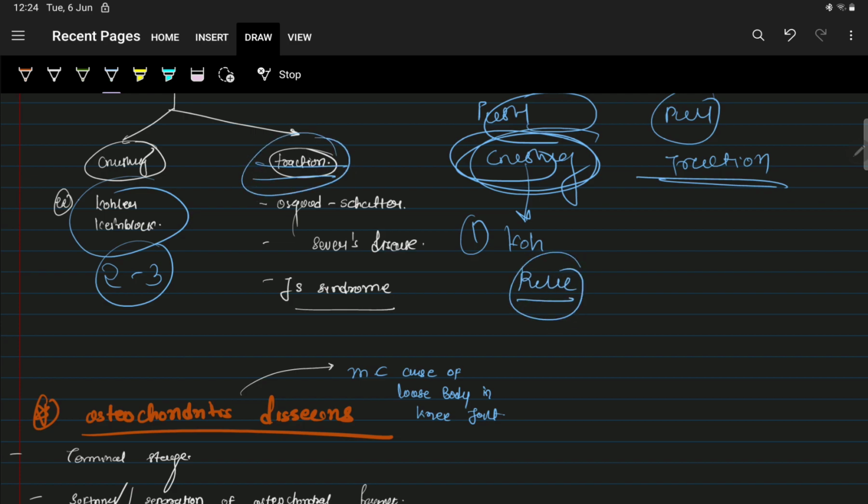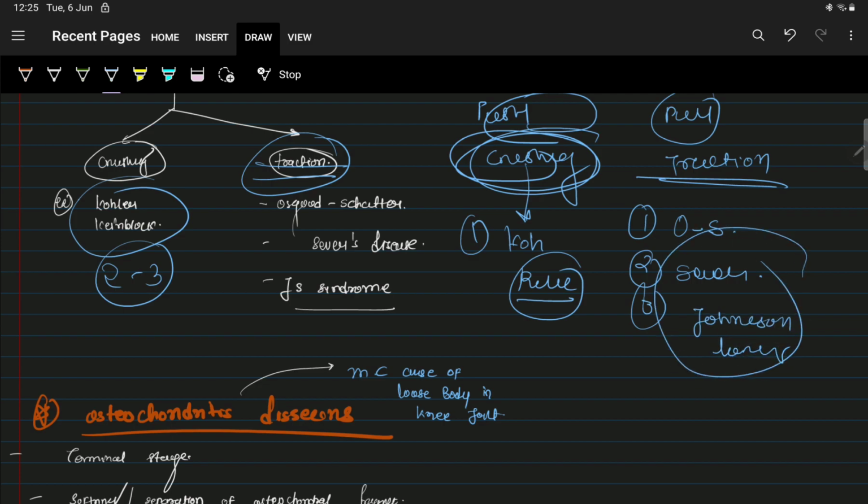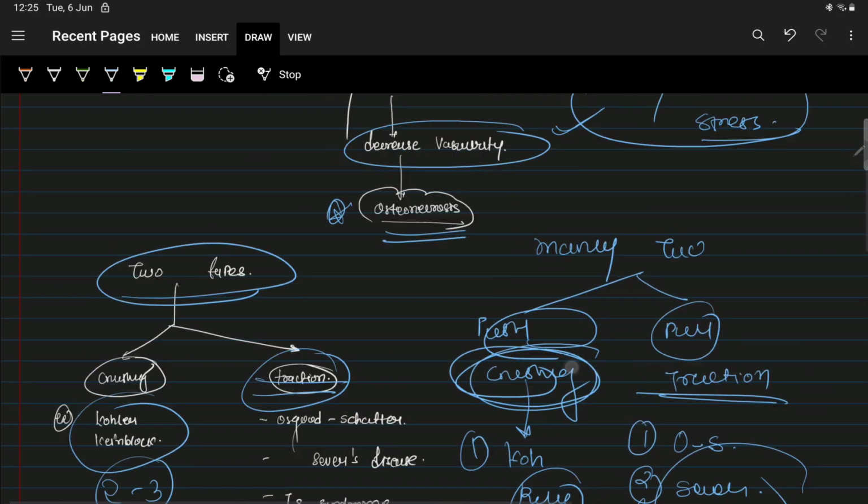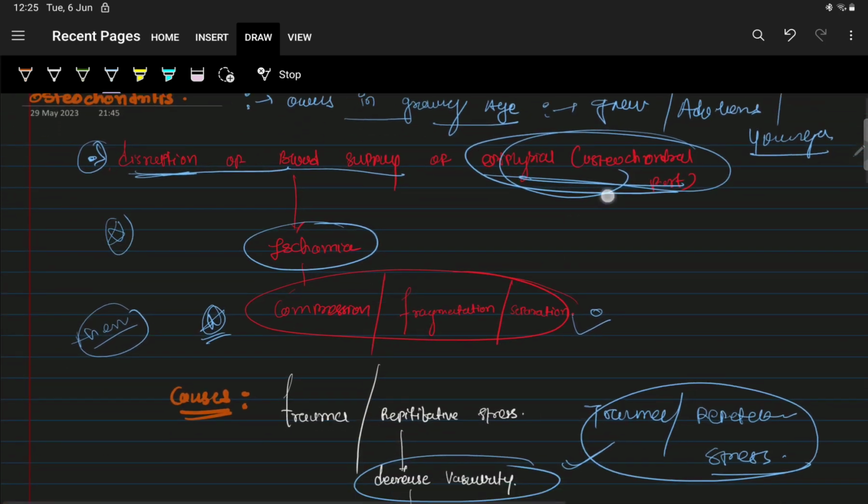The traction type of osteochondritis, we will learn 3 names. One is Osgood-Schlatter disease, Sever disease, Sinding-Larsen-Johansson syndrome. I'm going to show the important X-ray later. Okay. First, we will learn about the theory.